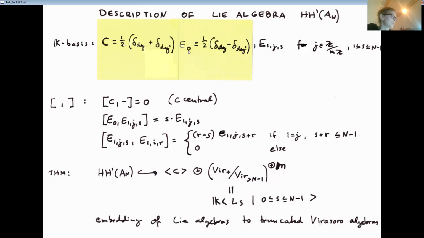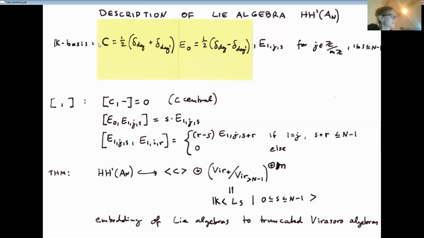and well, if we replace our basis elements by these two that we want to denote C and E0, then what we get from there is a very easy description of the Gerstenhaber bracket.